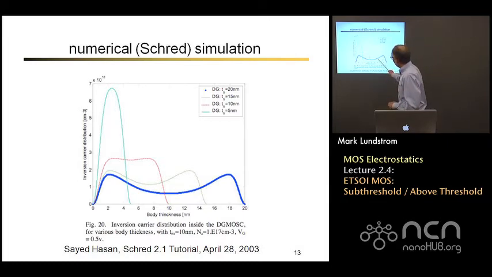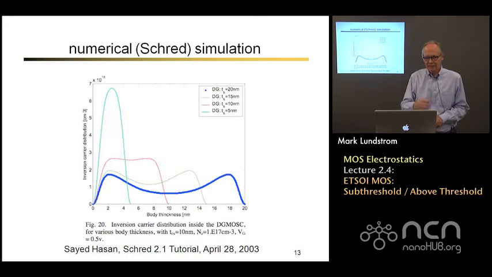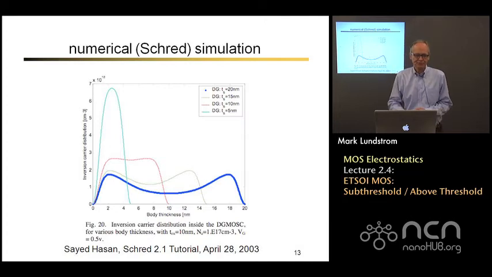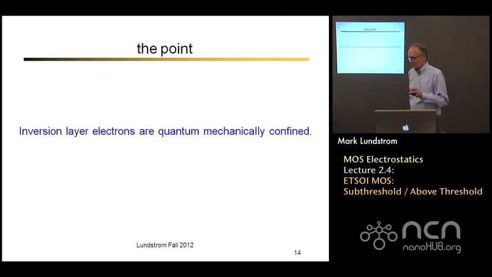But as you get thinner and thinner, you can start to see the sine squared spatial dependence, and there's an electron profile that looks much different than it does in the bulk. Okay, so that was very quick, and I just wanted to make a few points and sensitize you to what quantum wells are and what determines their shape. The key point is that these electrons are quantum mechanically confined, and we should include that in our analysis.